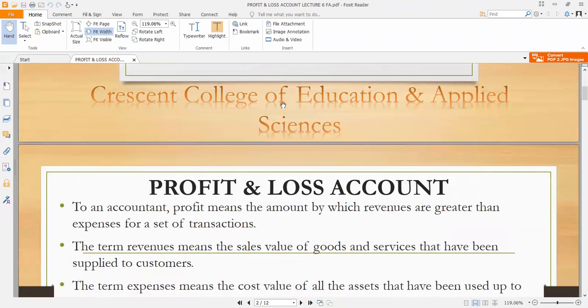Now, profit and loss account, the actual concept is that when you buy something, or as a business you get something for resale, the amount that you buy it for is supposed to be less than the amount you sell it for.